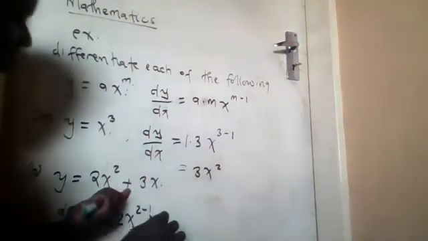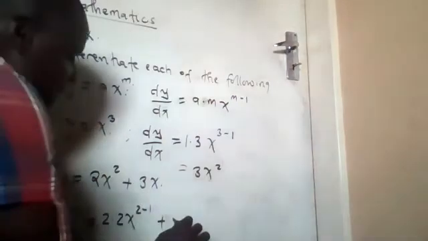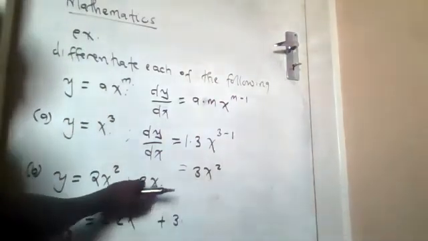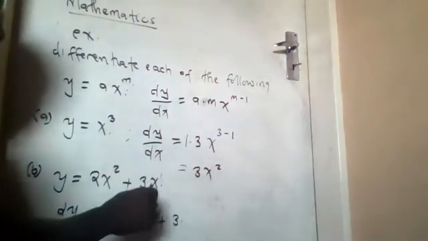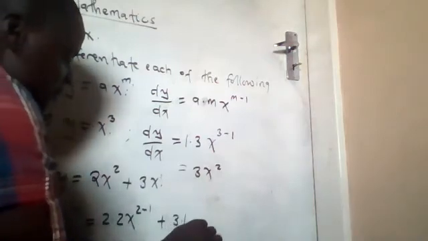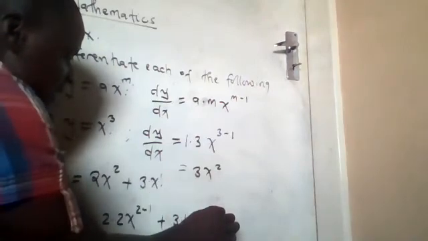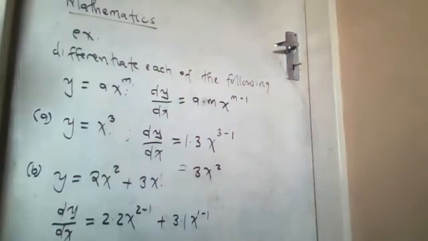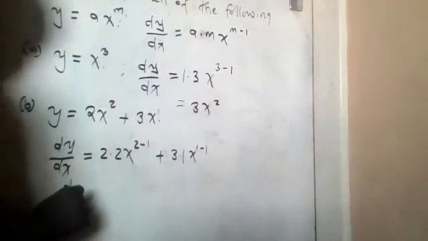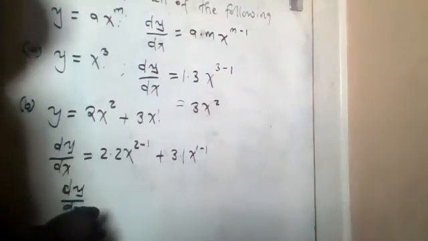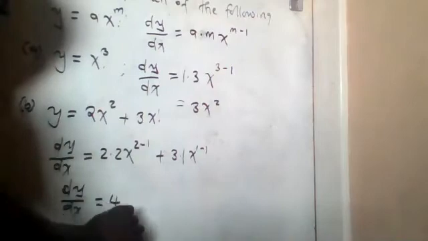The same thing we have done here, we have a plus, we are also going to do it for this. We have a 3 multiplied by the power of x, which is 1, but when the power is 1, you don't write it. So we multiply 3 times the power which is 1, then x, then we subtract 1 from the power. Once we do that, we are going to have dy over dx, which will be equal to 2 times 2 gets us 4.